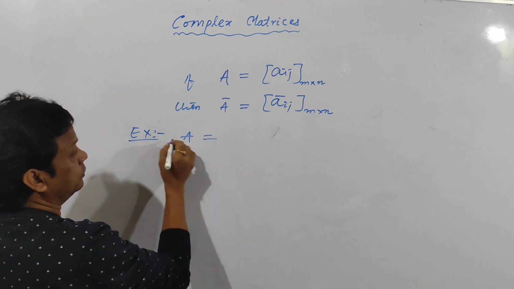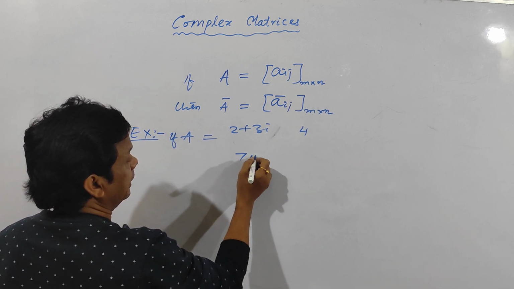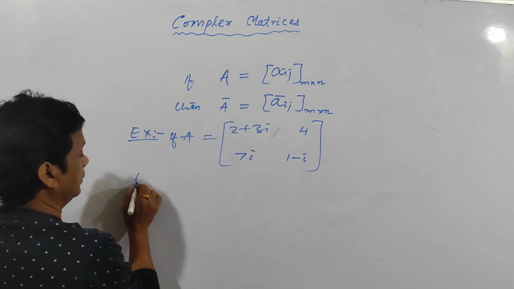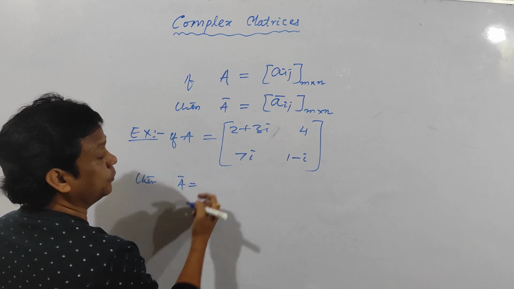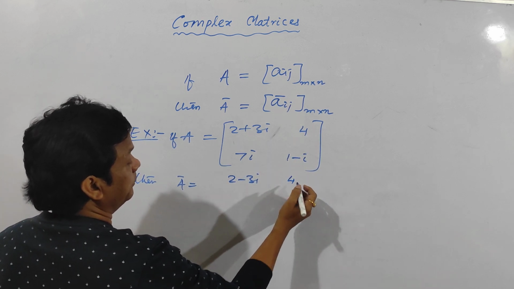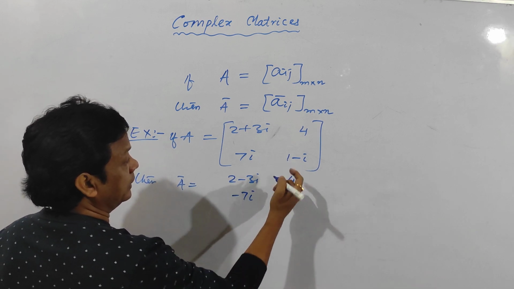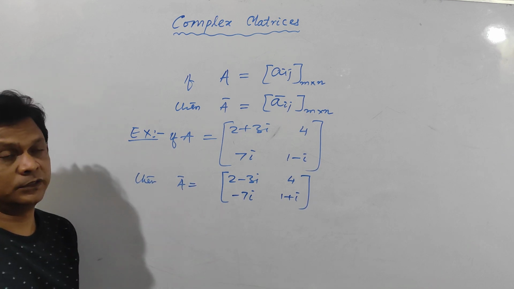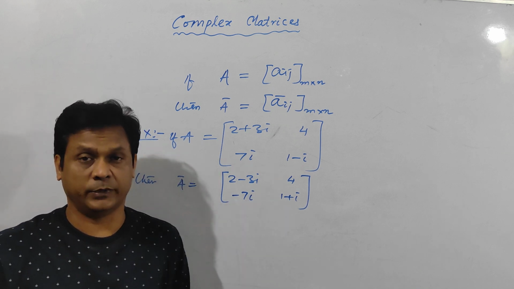If A is equal to [2 plus 3i, 4; 7i, 1 minus i], then A bar is equal to, take the conjugate of all the elements. The conjugate of 2 plus 3i is 2 minus 3i, and the conjugate of 4 is simply 4 because the imaginary part is 0, and here it is minus 7i, and here it is 1 plus i. So this is the conjugate of A. That means conjugate of a matrix can be obtained by taking conjugate of all its elements.